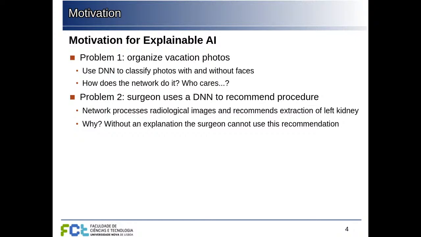So if you have an application of this type, it becomes useless to just use the network without the appropriate justification, because in that case the simple recommendation that the network is outputting will not be useful, will not be something that the surgeon can act upon, or any human who has to decide can act upon that recommendation without understanding how it's justified.